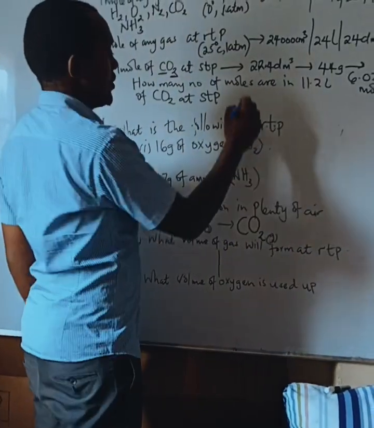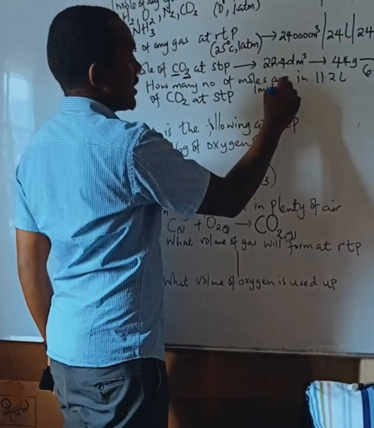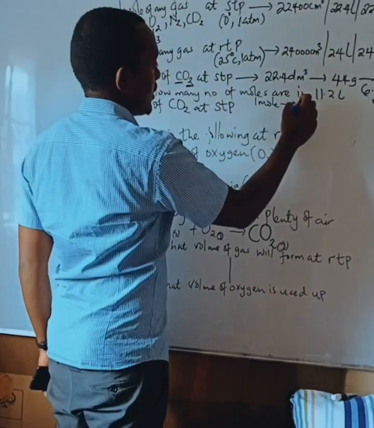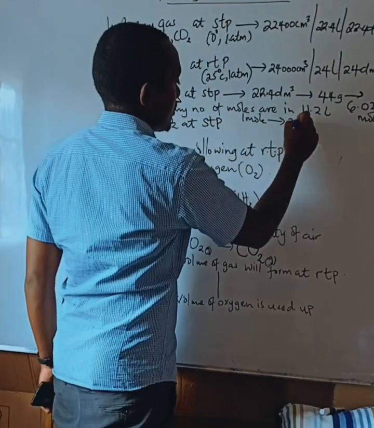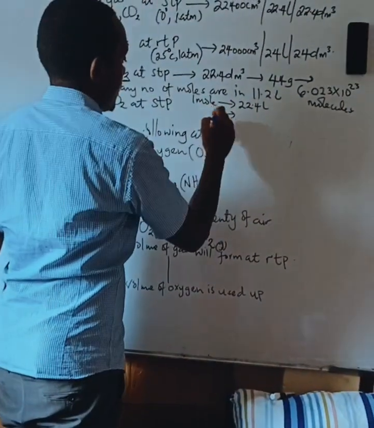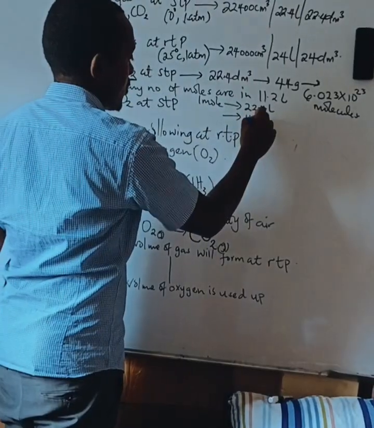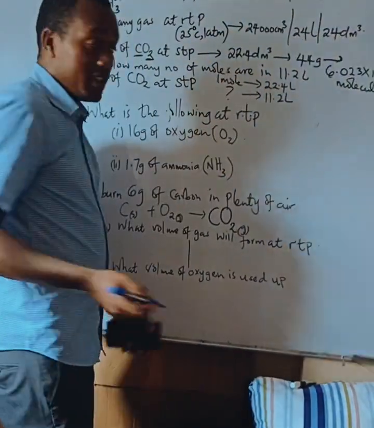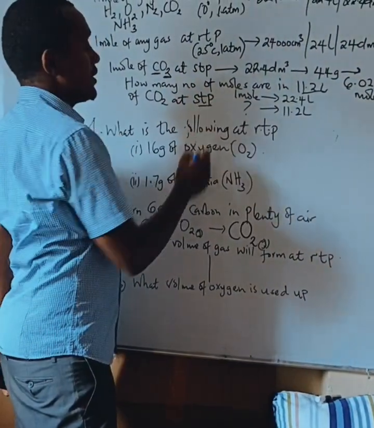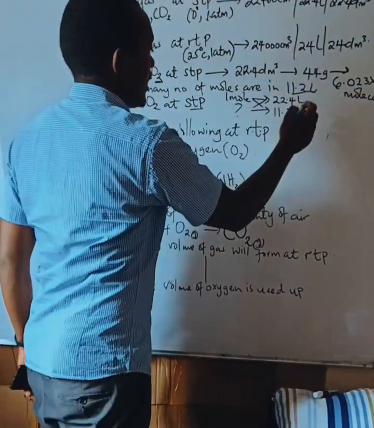What do you do? Just come and say 1 mole of any gas at STP occupies what? 1 mole of any gas at STP occupies 22.4 liters. What about 11.2 liters? What will it occupy? Because this is the volume that we have at STP. So we can calculate that and find the number of moles.